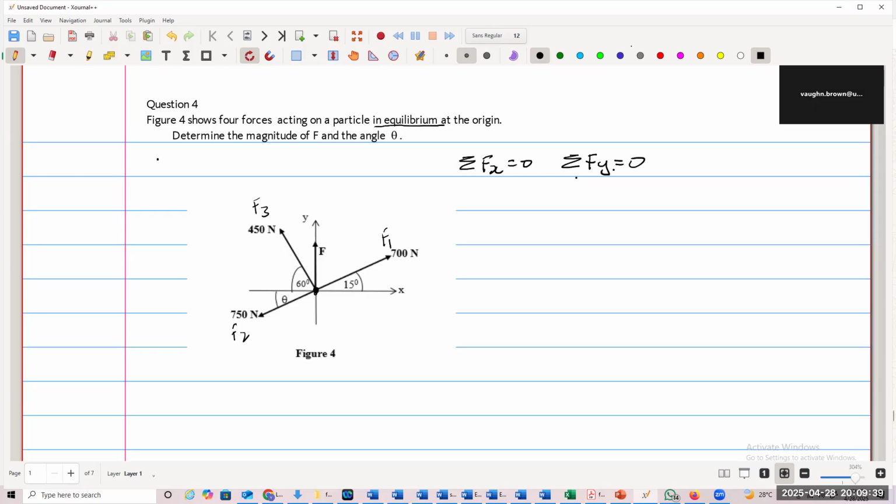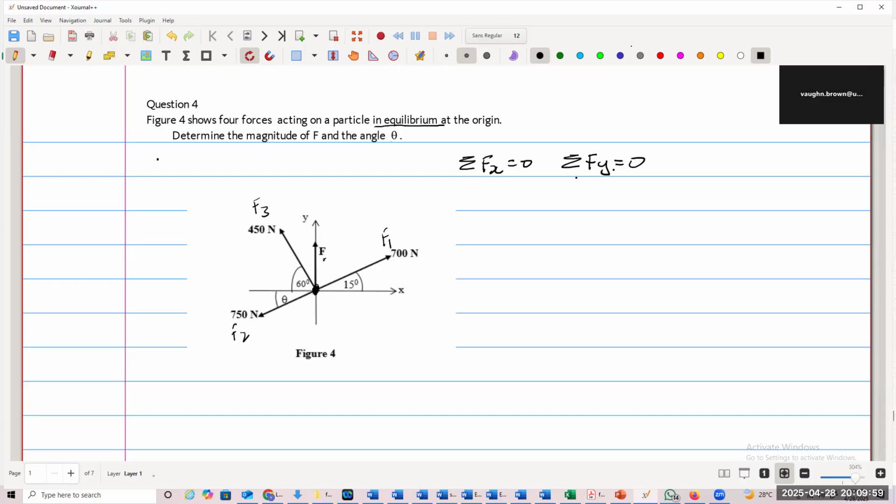Right here is a particle, and at the origin, everything you equate to zero. It wants us to determine the force F, because this is unknown, and the angle. So there are two things we need to find.